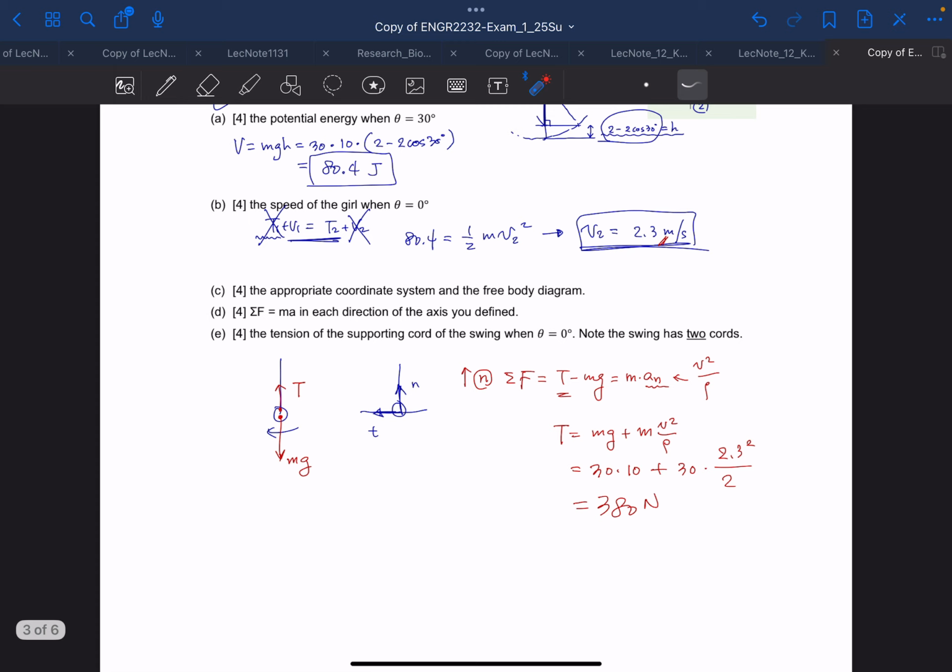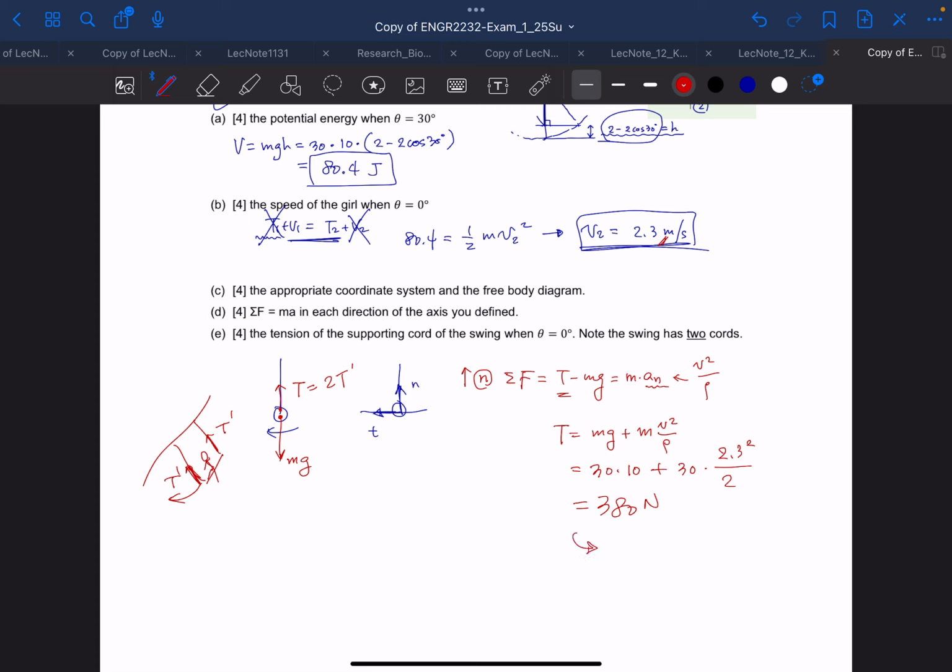However, like I mentioned in class, we have 2 strings. It's hard to draw this, but the girl is going down like that. So this tension T is actually 2 of T dash. Let's say you have T dash here and you have T dash there.